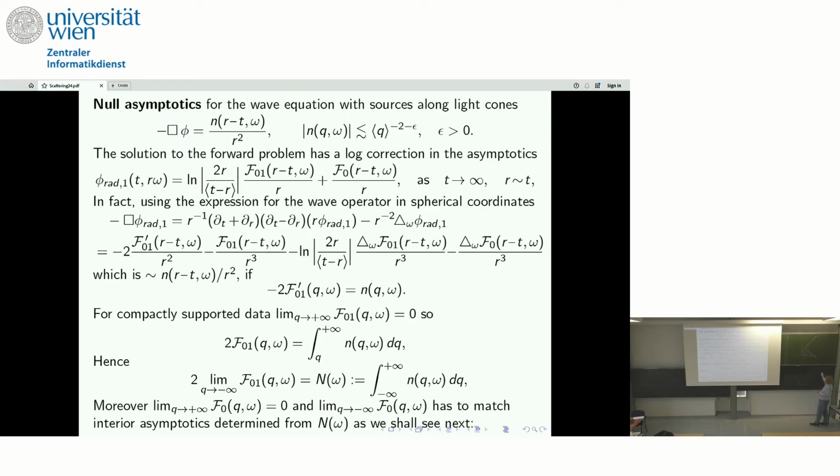But those are not independent. And that corresponds to the fact that in the interior, you're solving kind of an elliptic problem. So you can't arbitrarily prescribe those data. If you try to do it, you would get something that blows up at the origin. We will come back to that later on. So the limit of this in the interior is determined by the limit of this. I guess it will come pretty soon.